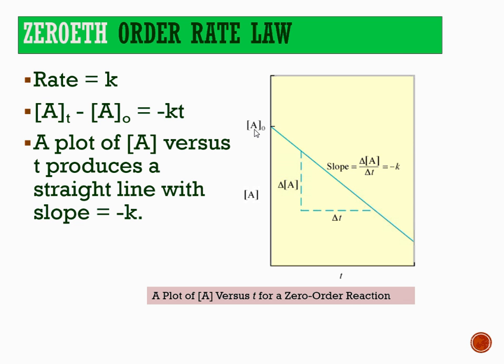It's going to be what it is. Or sorry, our reaction is going to proceed at its own rate regardless of what happens to concentration. So a plot of concentration versus time produces a straight line with a slope of negative K. Not too dissimilar from what we saw from a natural log plot of a first order, we get a negative slope with a zero order.